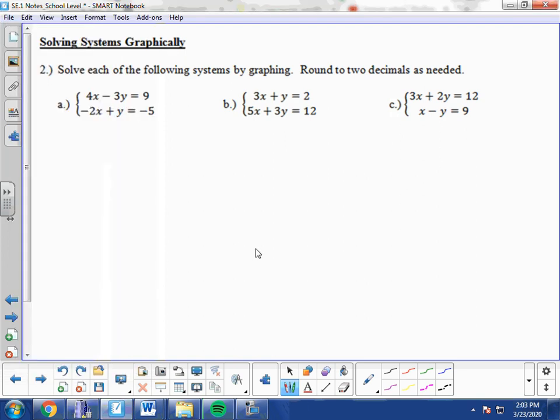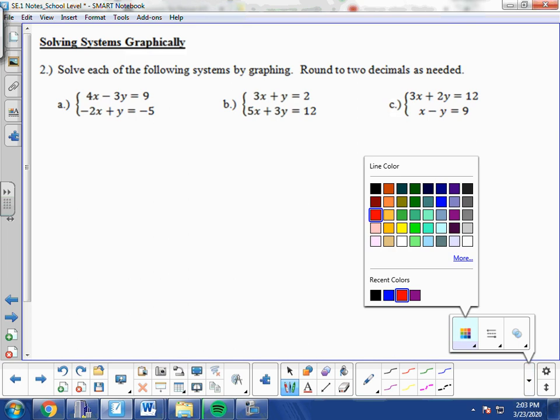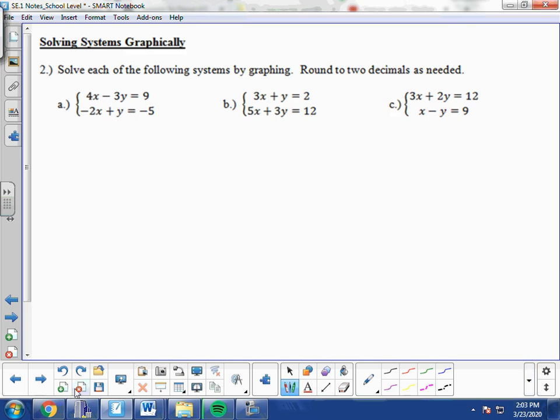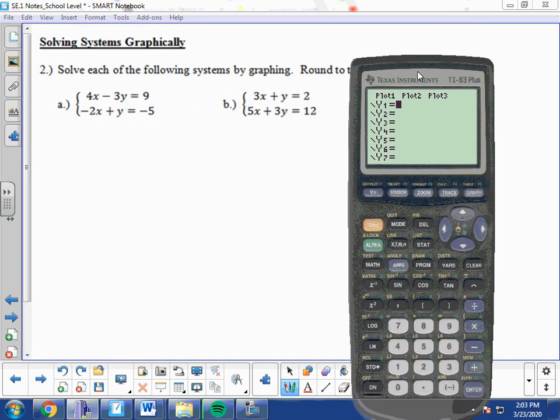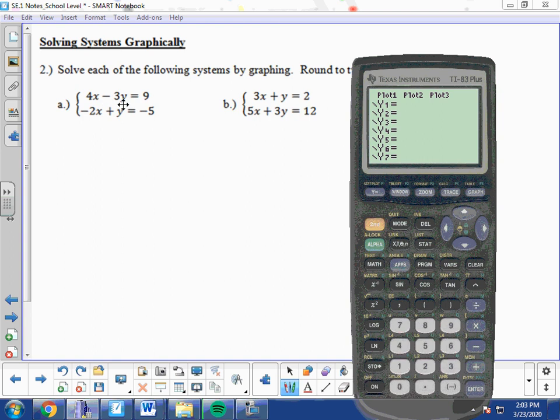So let's go ahead and take a look at 2a. If I want to solve this graphically, again, we said we were looking for the intersection points. In order to type it into my graphing calculator, I need y by itself. And so what I want to do here for this first equation is get y by itself. So that first equation, what I might do here is subtract 4x from both sides.